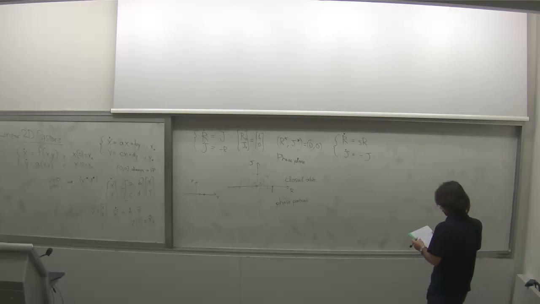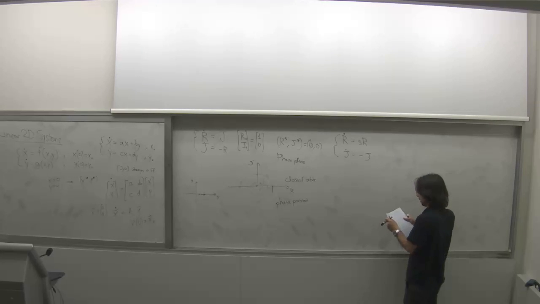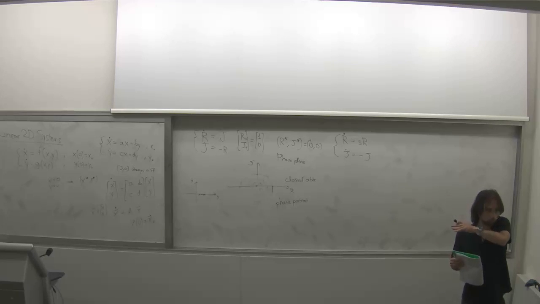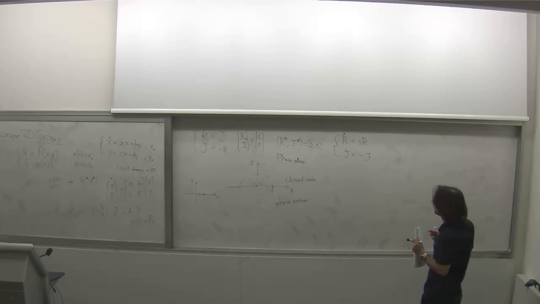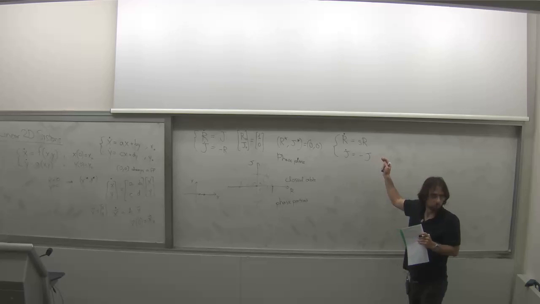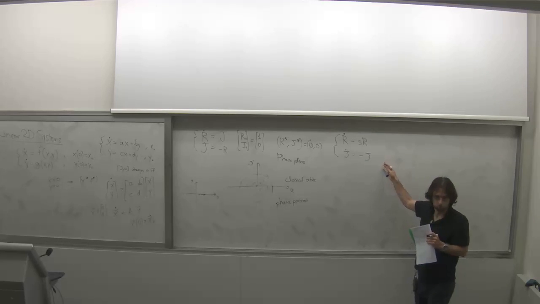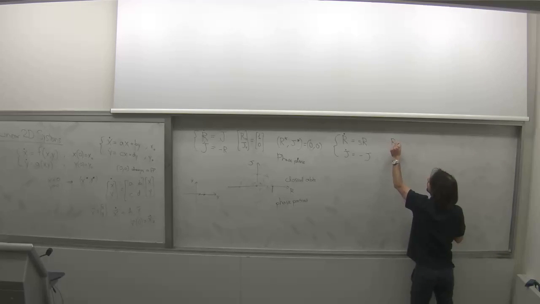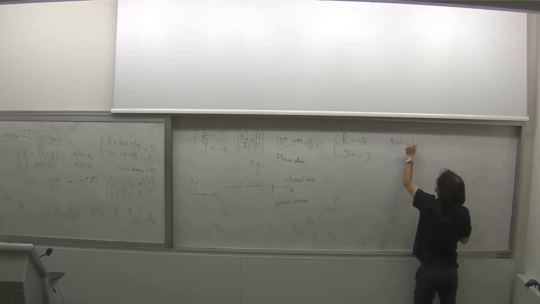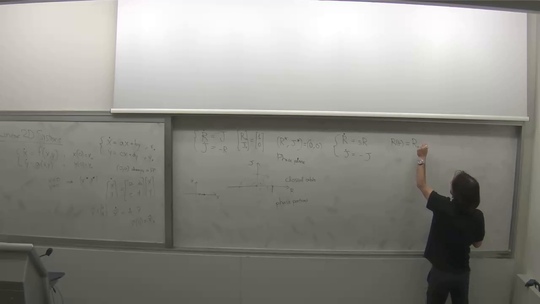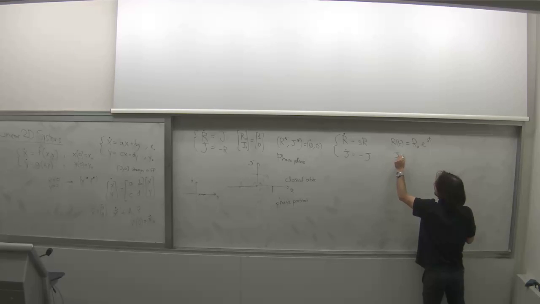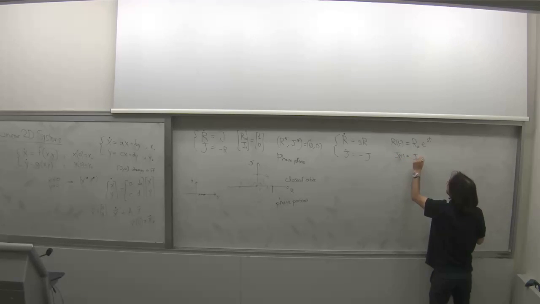So here, actually, the equations are not coupled to each other. This is another simple case, and we can solve each equation on its own. Okay, so we can write r(t) equals r0 e to the power of st, and j(t) equals j0 e to the power of minus t.